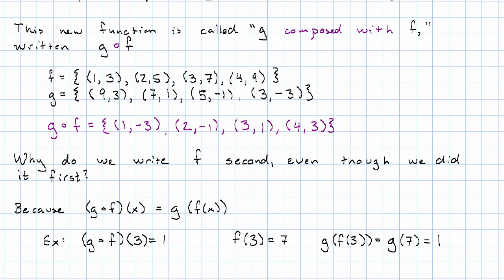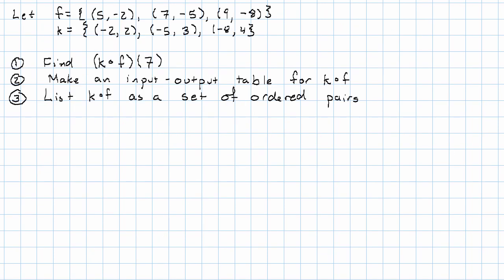I'm going to give you one of these to try, just to get some practice with this idea of composition. So I'm going to give you a pair of functions listed out, ask you to compose them, and ask you a couple of questions about them. So suppose f is the function that takes 5 to negative 2, 7 to negative 5, 9 to negative 8. k is the function that takes negative 2 to 2, negative 5 to 3, and negative 8 to 4.